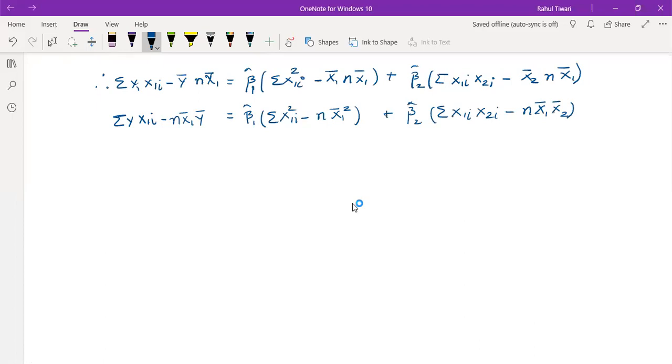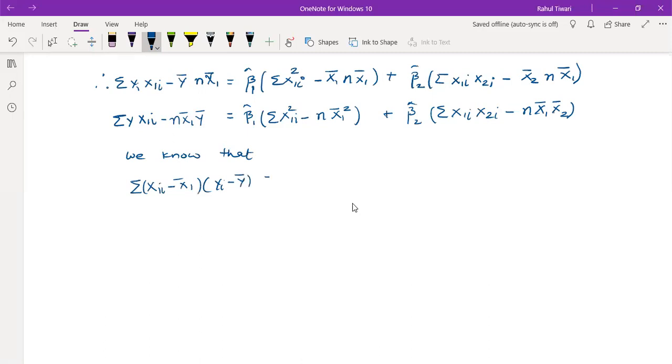Okay, now we know that, maybe you're familiar with these terms. This is summation x1i minus x1 bar, yi minus y bar.